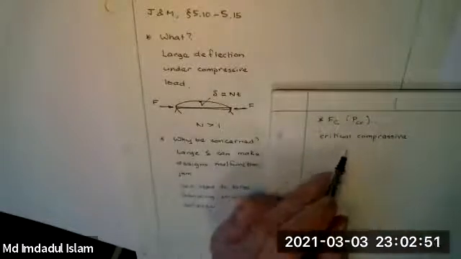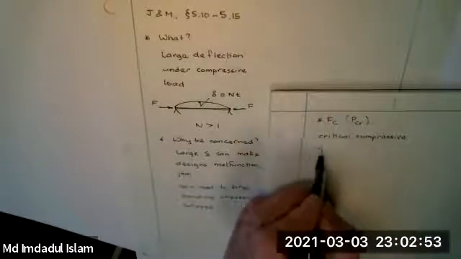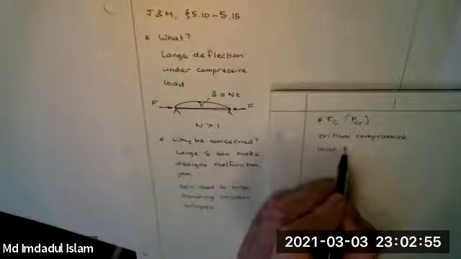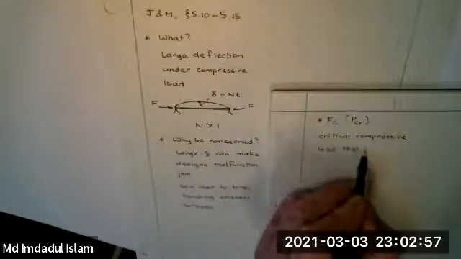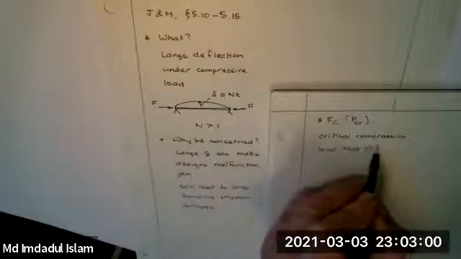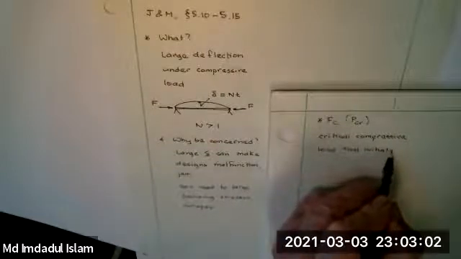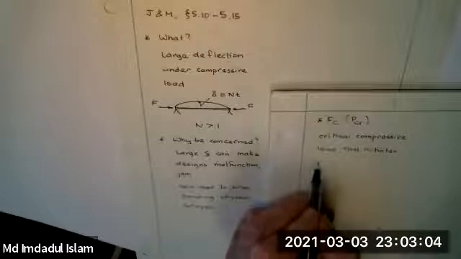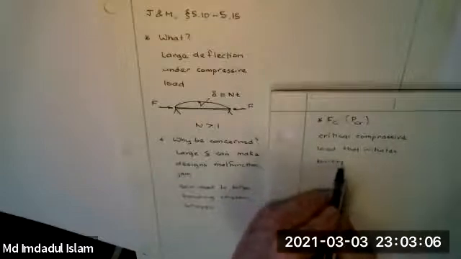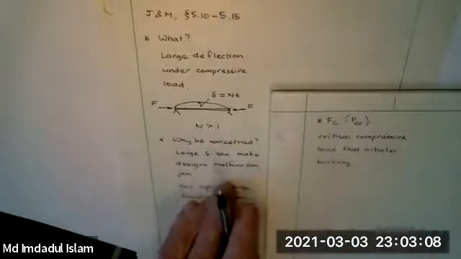C stands for critical or compressive load, that just starts at the buckle.